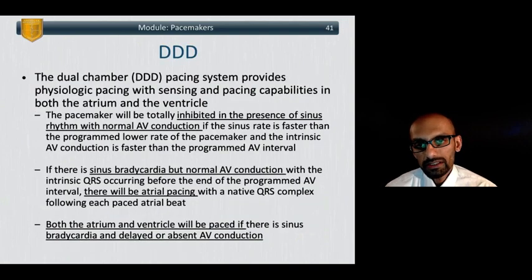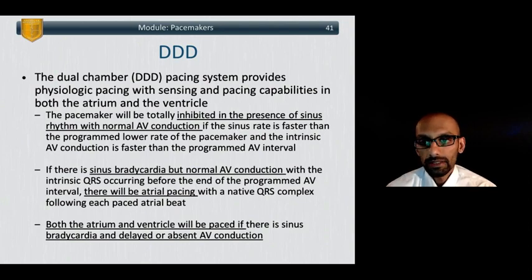Dual chamber pacing systems, RA and RV, may utilize the DDD pacing method. This is the most comprehensive pacing program you can pretty much have. Okay, the pacemaker can do either or, trigger or be inhibited. Both chambers can be sensed and paced or not, or just one or the other.